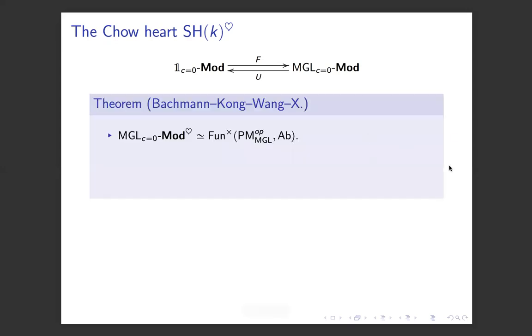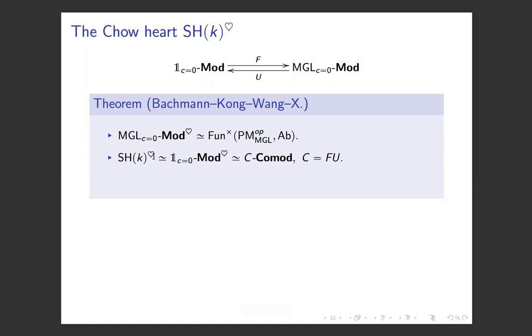The first part of the theorem says that if we first start with the modules over this truncated MGL, and we look at the heart, this can be described as a functor category that preserves all the finite coproducts from PM, the pure motives over MGL, to the category of abelian groups.